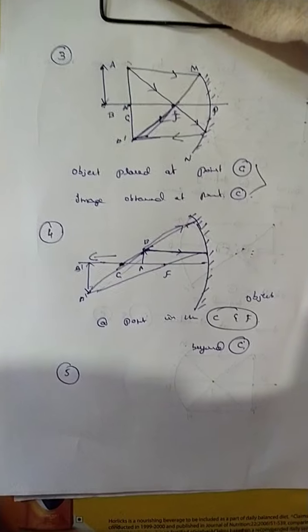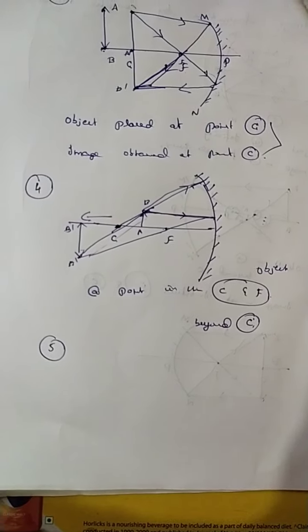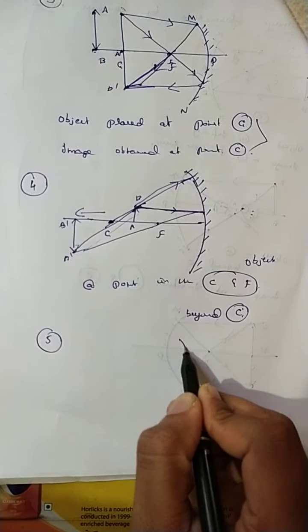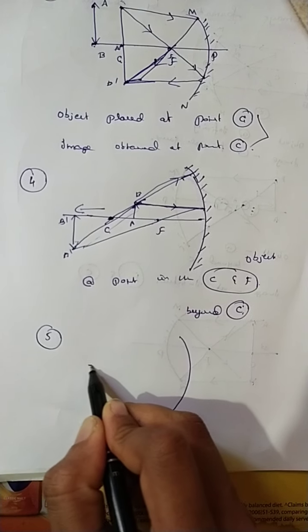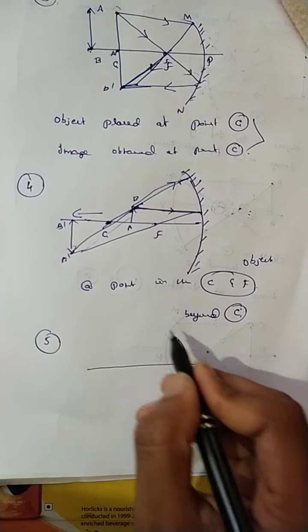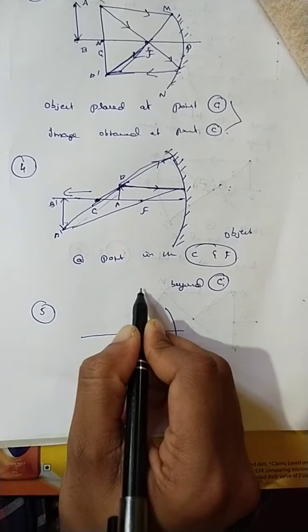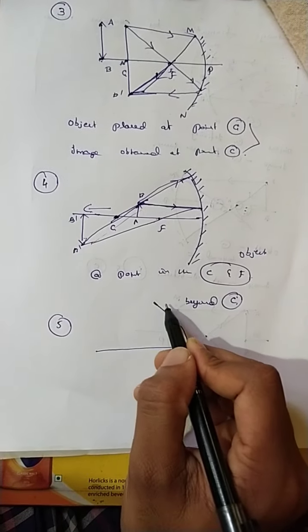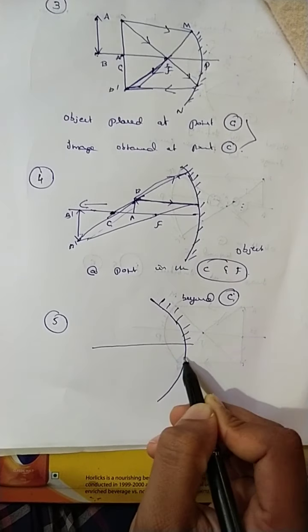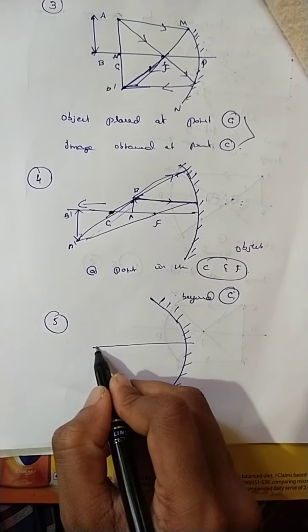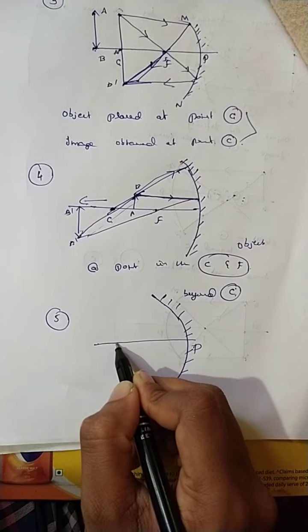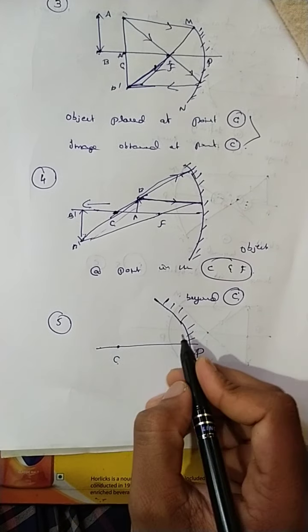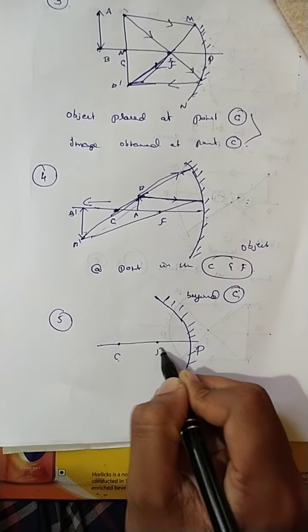Next, the fifth one. It is a concave mirror with the principal axis, pole point, center of curvature, then principal focus.